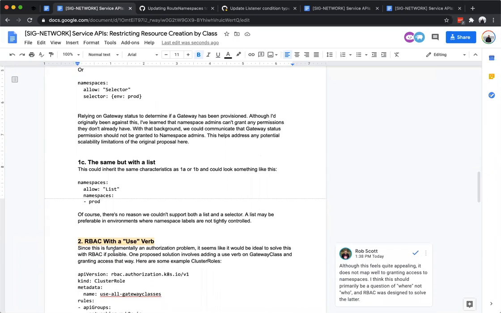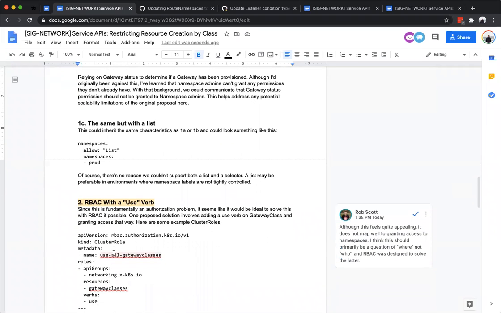So the next one is RBAC. We are all familiar with RBAC. That's the way you do authorization in Kubernetes, right? As I've been discussing this with others, I came back to this idea, and I know I've said things contradicting this in the past, but I think what we really want here is a where instead of a who.